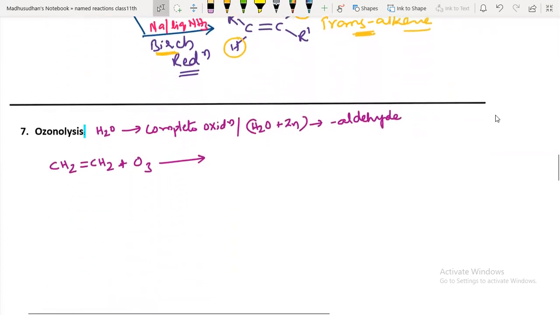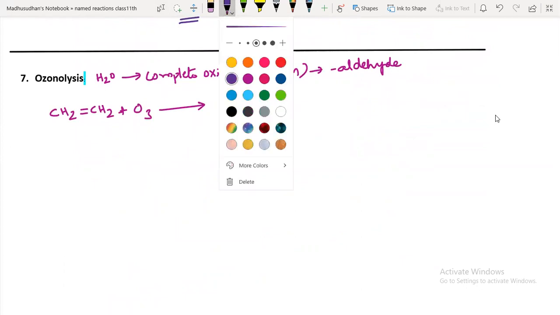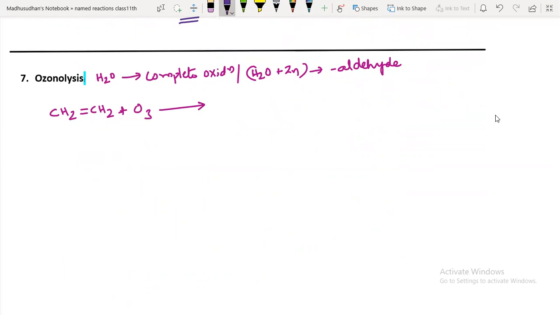Okay, next one is ozonolysis. So this is very, very important, guys and girls, listen carefully. So here ozone on reaction with alkenes, the first example I am taking, what happens?